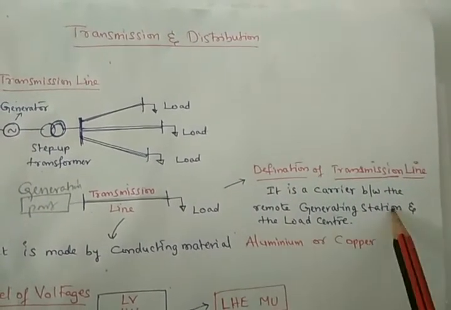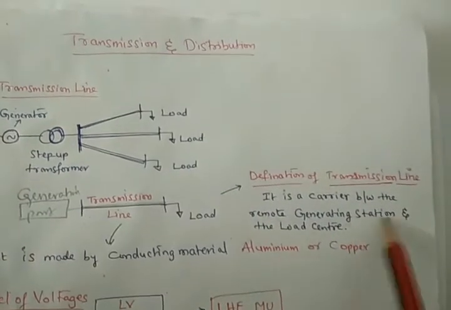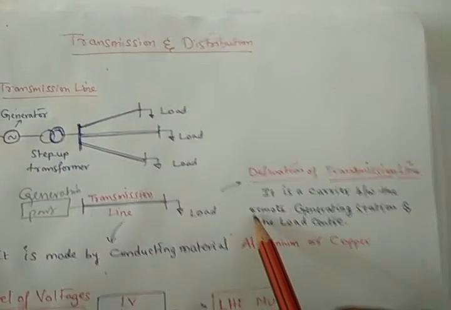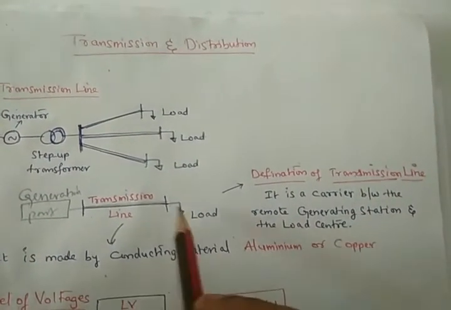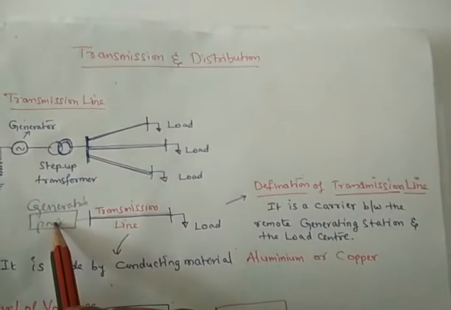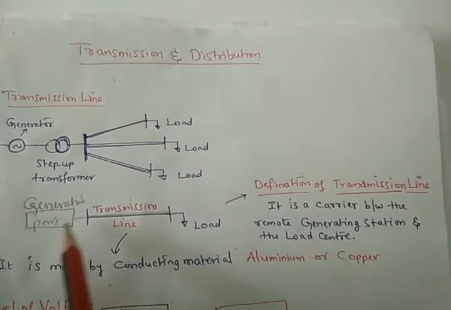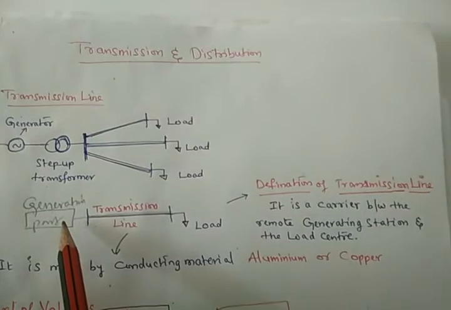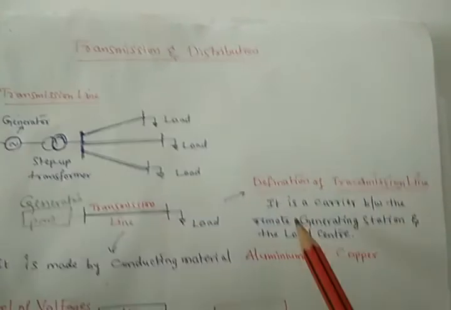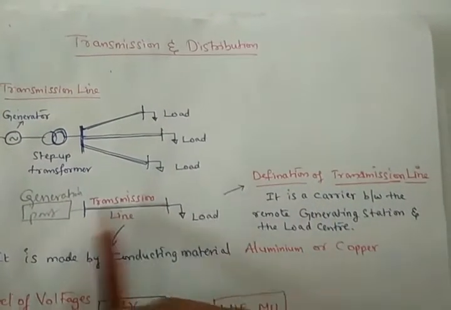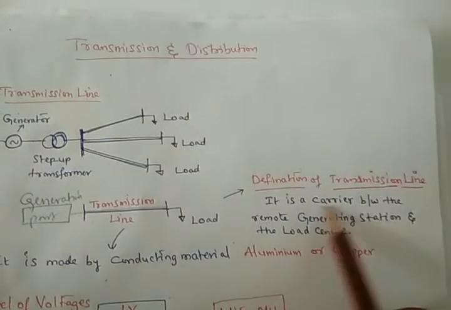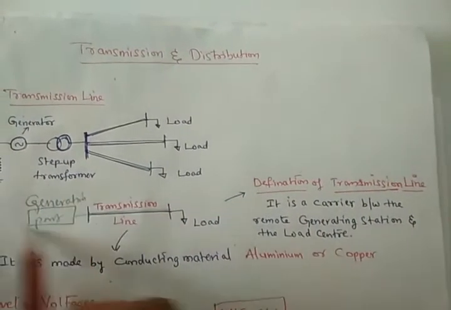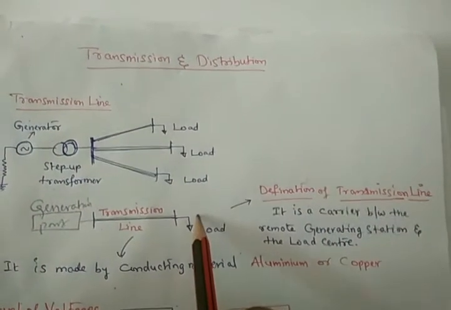Remote generating station means the generating station which is far away, and the distance between load and the generator or the generating part will be in kilometers. Okay, so the transmission line is a carrier between generating part and the load.